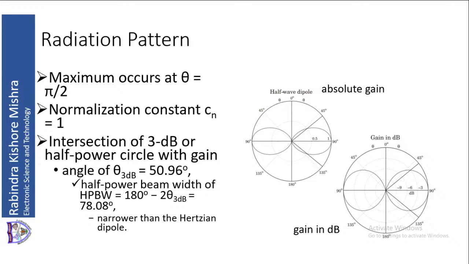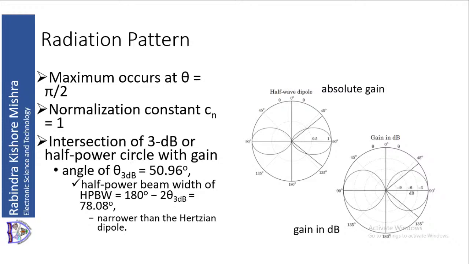So 45 degrees on one side and 45 on the other side gives 2 times 45 is 90, and 180 minus 90 gives 90. So for Hertzian or small dipoles you get around 90 degrees. For the half wave dipole it is almost 78 degrees, 78.8 degrees.